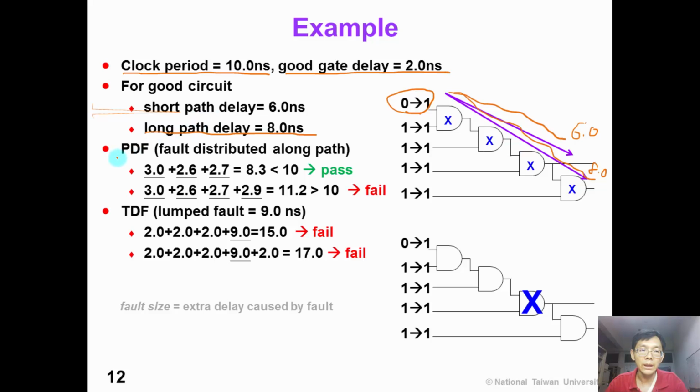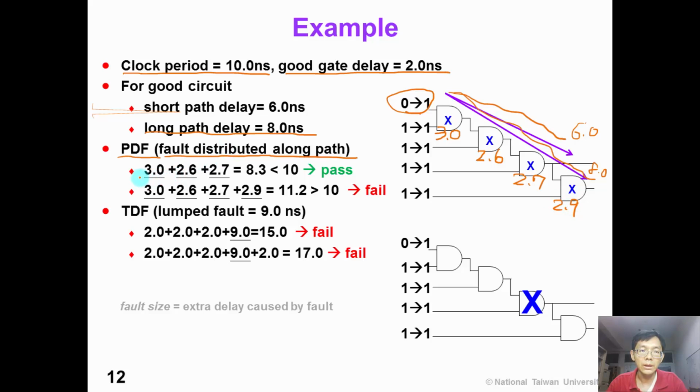For the path delay fault model, we assume that the fault can be distributed along the path. So the first AND gate delay would be 3.0, the second one is 2.6, the third one is 2.7, and the last one is 2.9.